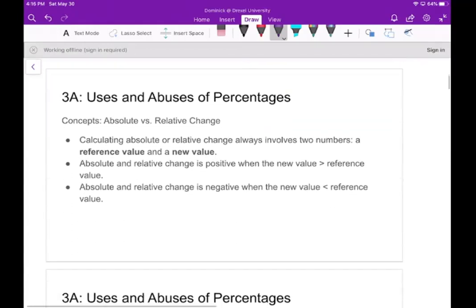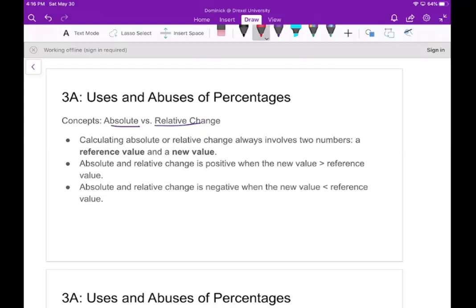Okay. Now, the next concept that we're going to talk about that's related to percentages is the idea of absolute versus relative change. All right. Now, regardless of which of absolute or relative change you're looking at, you're always going to have two numbers.